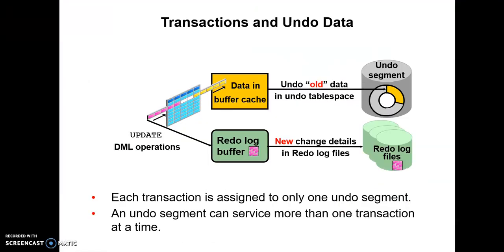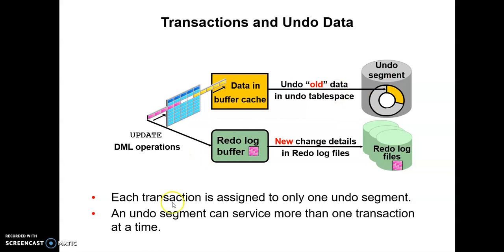Next is transactions and undo data. Each transaction is assigned to only one undo segment in your undo tablespace, which we learned before. For every update or DML operation issued, the data will be kept in the buffer cache, and undo data will be kept in the undo tablespace inside the undo segment.